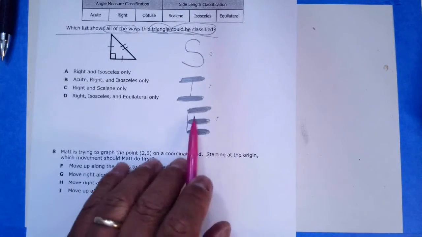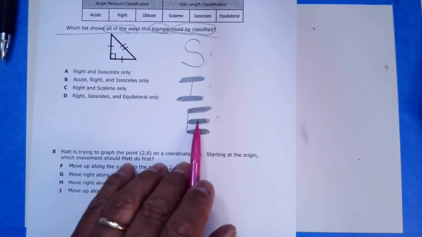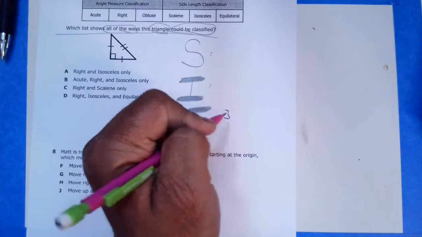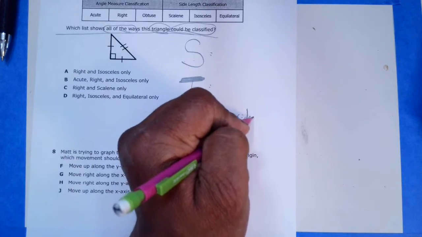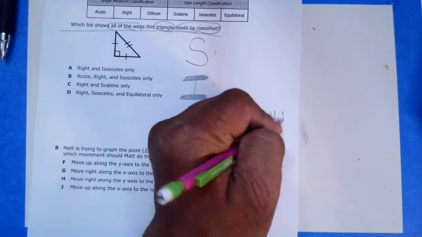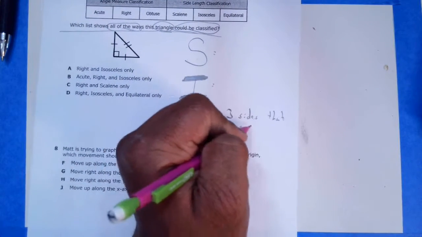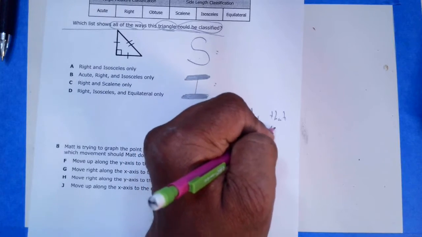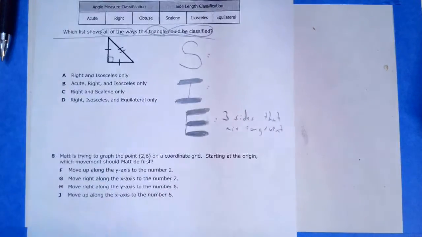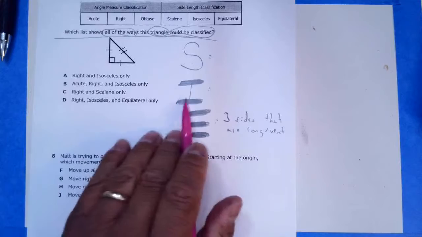Better yet, let me start off with the equilateral. See how it has 3 that are dark? So an equilateral triangle has 3 sides that are congruent, or the same. See the I, how it has 2 really dark sides?